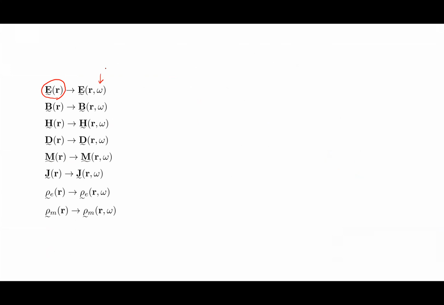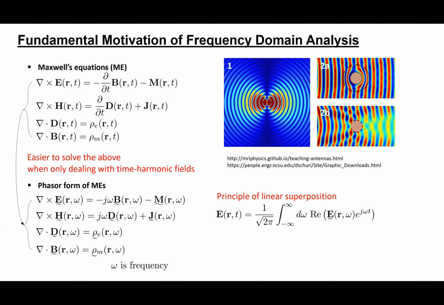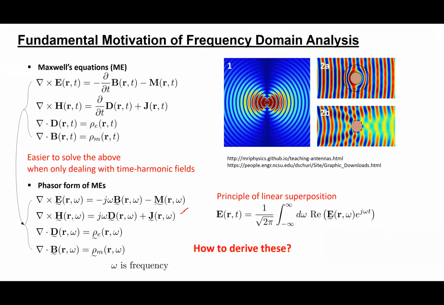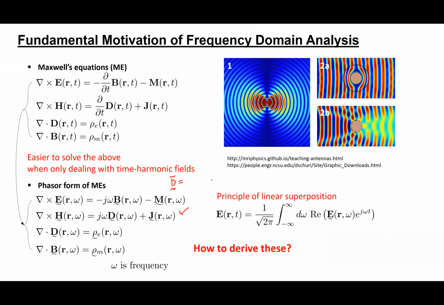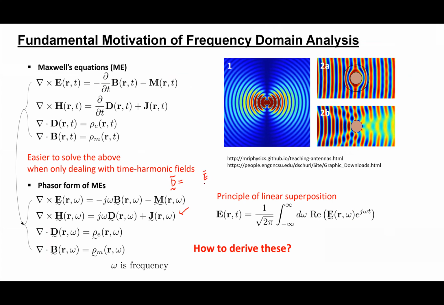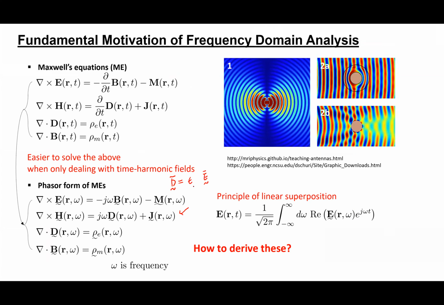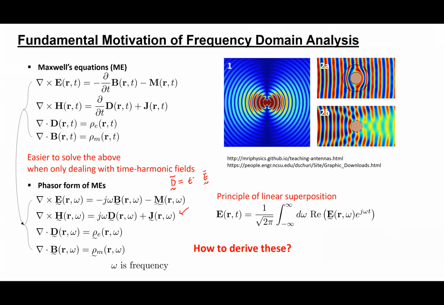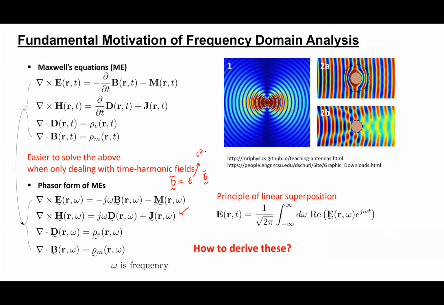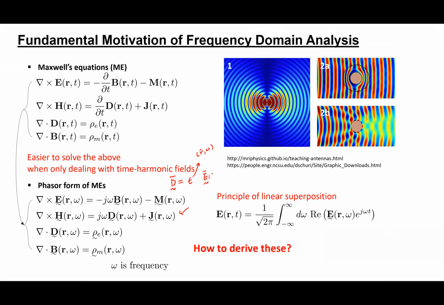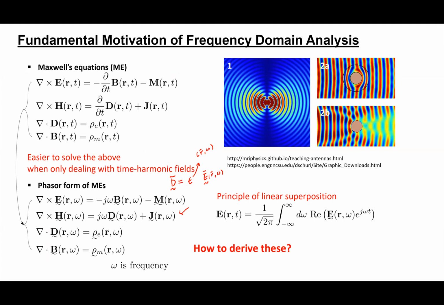That's because if we look at Maxwell's equation here, D is related to the electric field through the medium permittivity by the constitutive relation, but this epsilon can be a function of omega as well as a function of space, so this phasor is actually a function of both space and frequency.